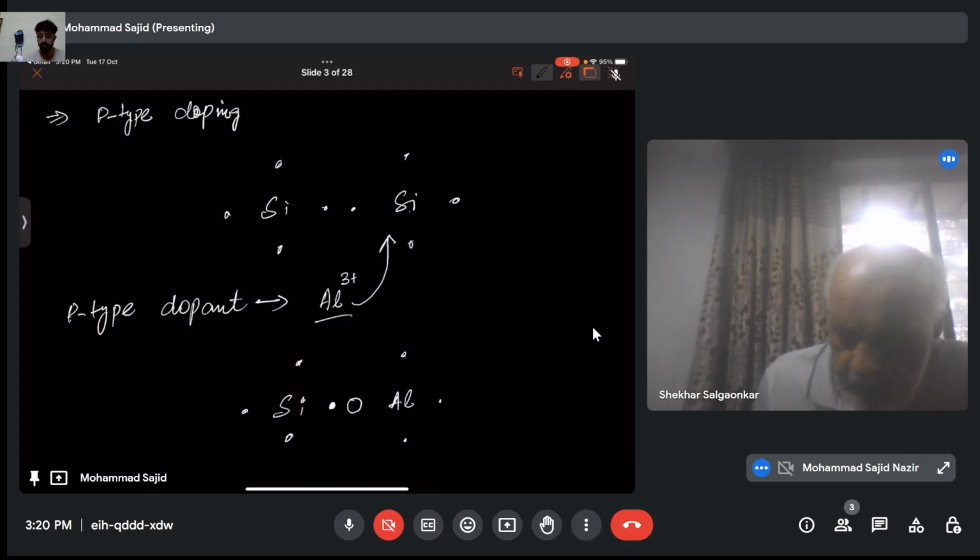There was an electron here, so once you replace this silicon atom, you deprive this material of one electron.